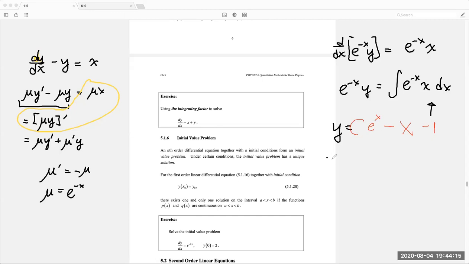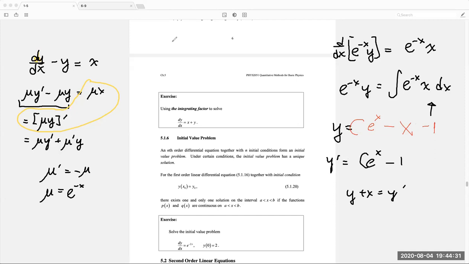I'll just differentiate once, or check it by substituting into the formula. So you can see that y plus x equals y prime, okay? That means your solution is correct, most likely.